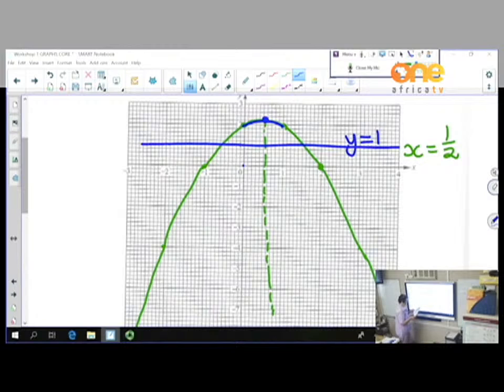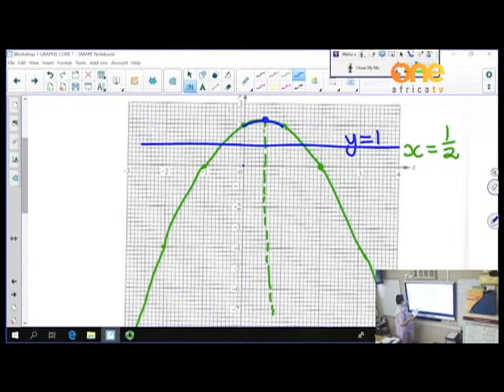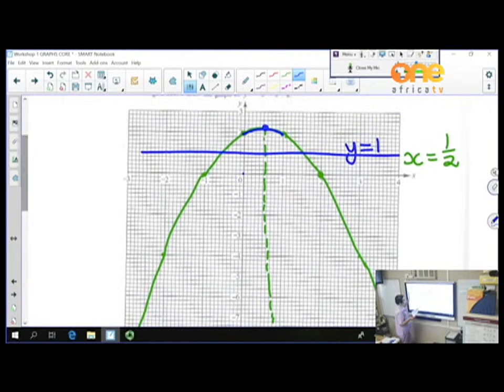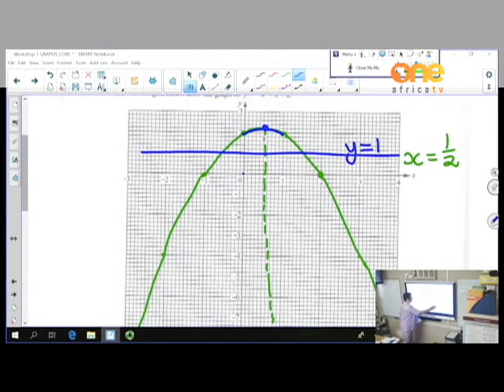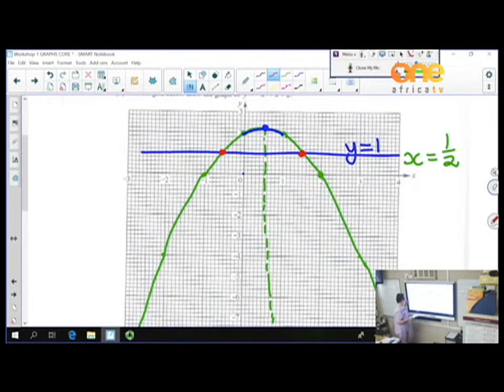And now they say, look at the last question. They say this is where your parabola and this line intersect. That's what they want there. So these 2 points are what we're going to give as an answer, where my 2 points intersect. But it's very nice to draw that line, even if they don't tell you to.